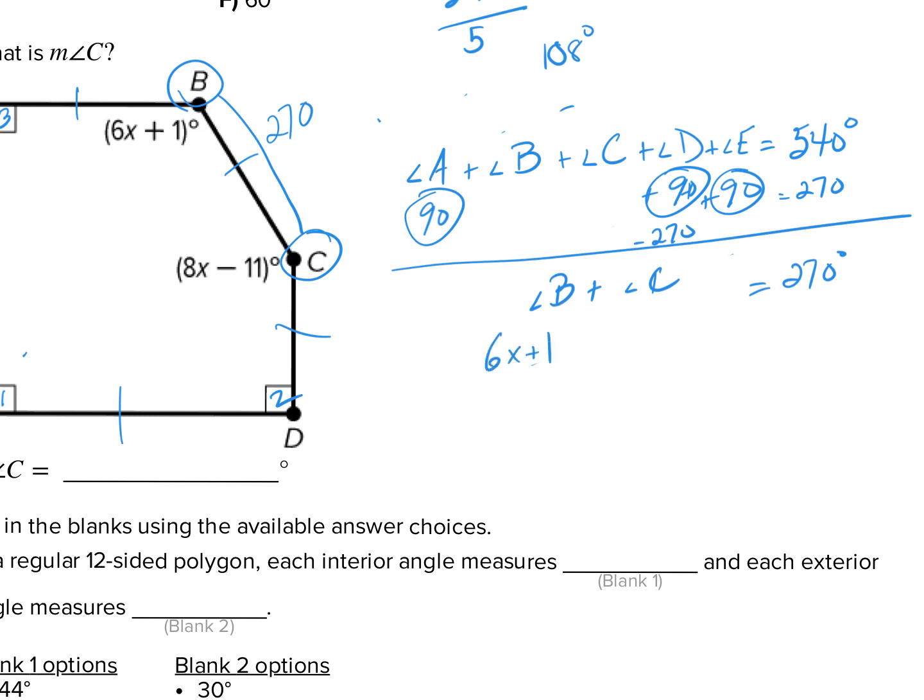I have 6x plus 1, and angle C is 8x minus 11. And now we just have a straightforward algebraic equation.